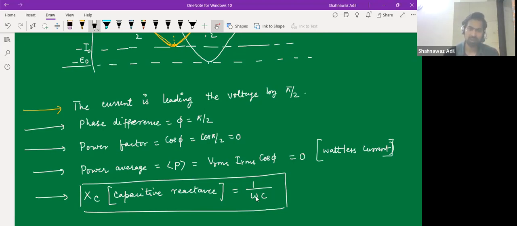So if these are oscillating, then this reactance would be small, right?